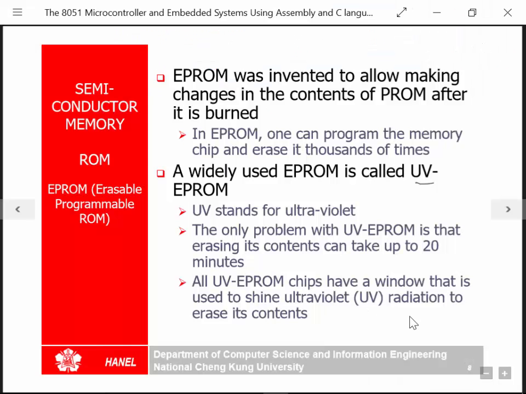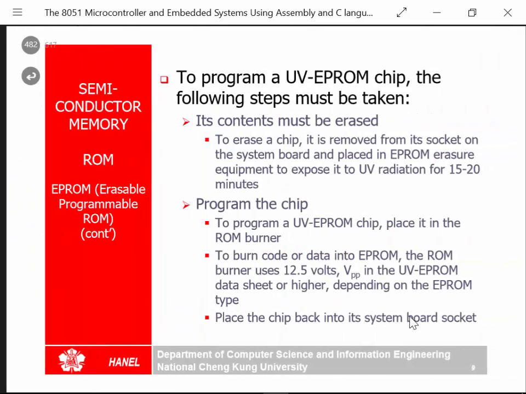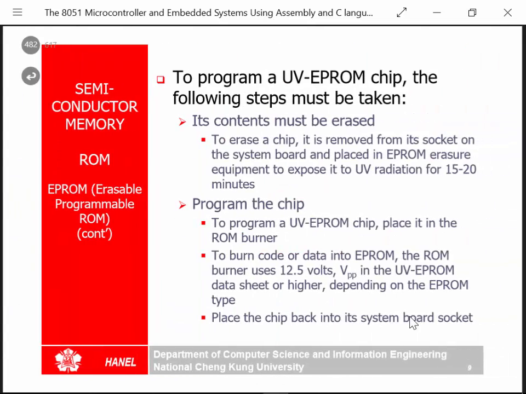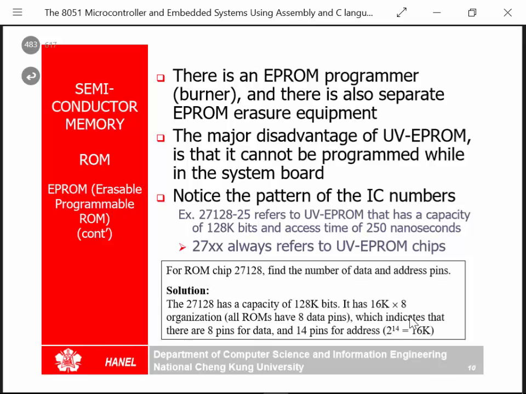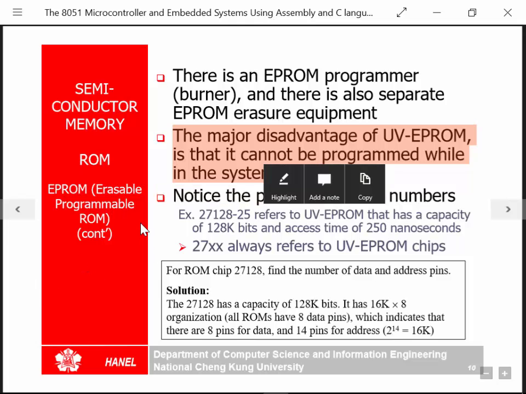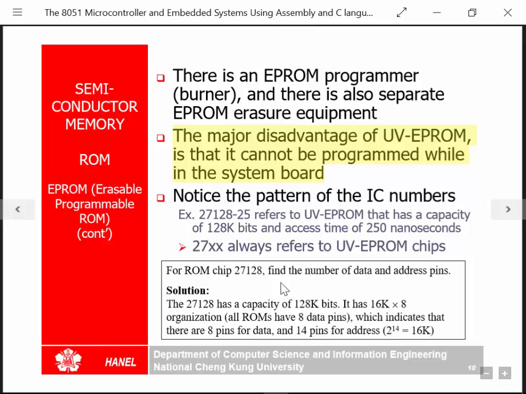But again, you don't see them very often because they were so expensive because of that window. And they were replaced by, and we'll skip through this step here. The major disadvantage, this is a huge disadvantage, is that the EPROM UV you cannot reprogram in the system board.